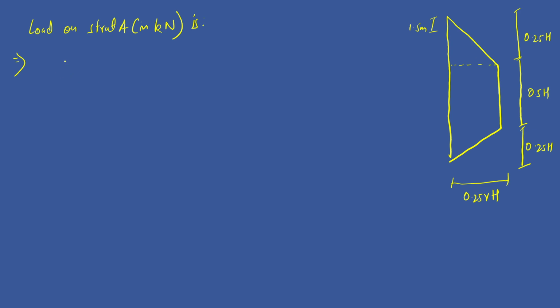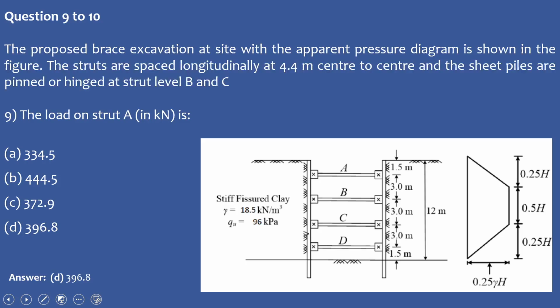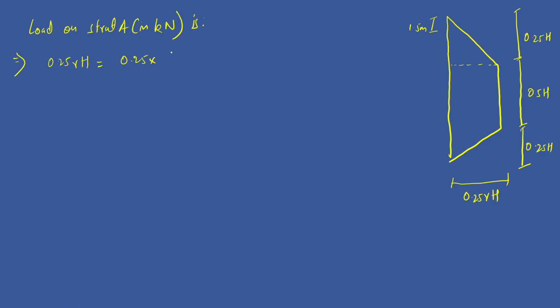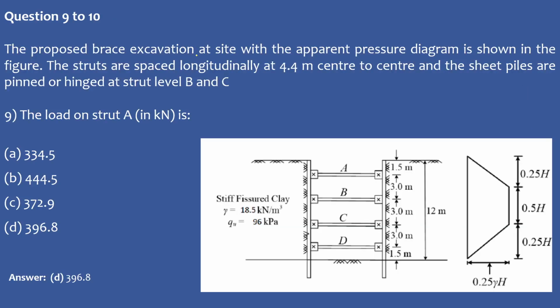So let's say 0.25 gamma h is none other than 0.25 gamma value. Water table is not available, so gamma is 18.5. Then your h value is, what is the total height? H is 12 meter.